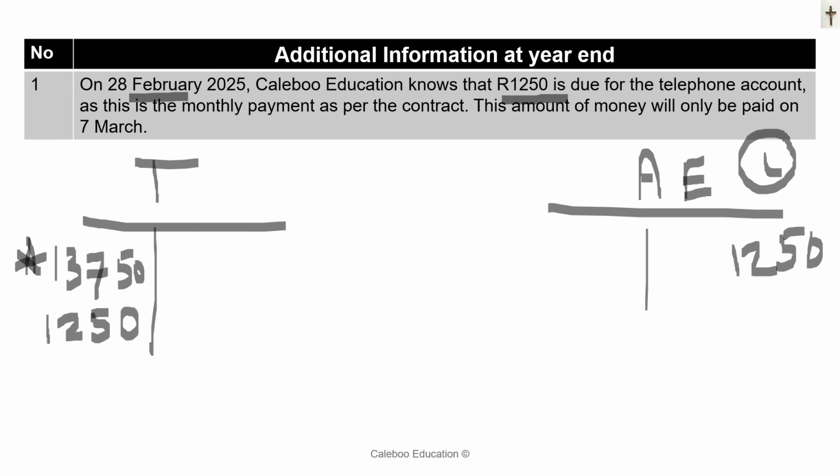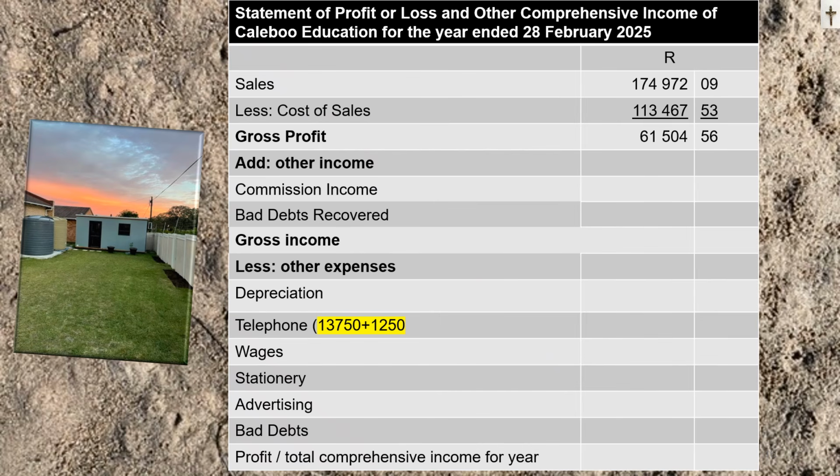1,250. Now what I go and do is I go and find these accounts on the two statements where you've been completing the templates on your answer booklet, and we put that information in already. The telephone account, now you put next to telephone in brackets.